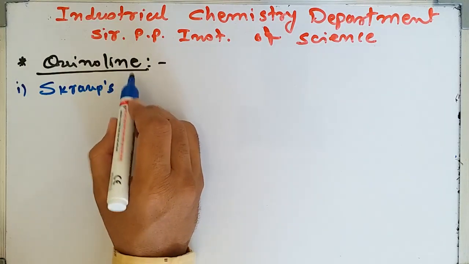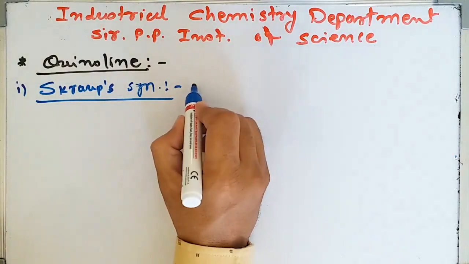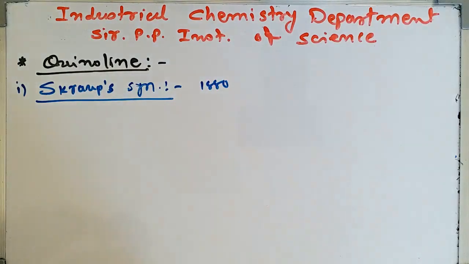Skraup's synthesis. In 1880, Skraup gave this synthesis. This is the most important method for the synthesis of quinoline. It consists of heating a mixture of aniline, glycerol, concentrated sulfuric acid and ferrous sulfate in the presence of an oxidizing agent.